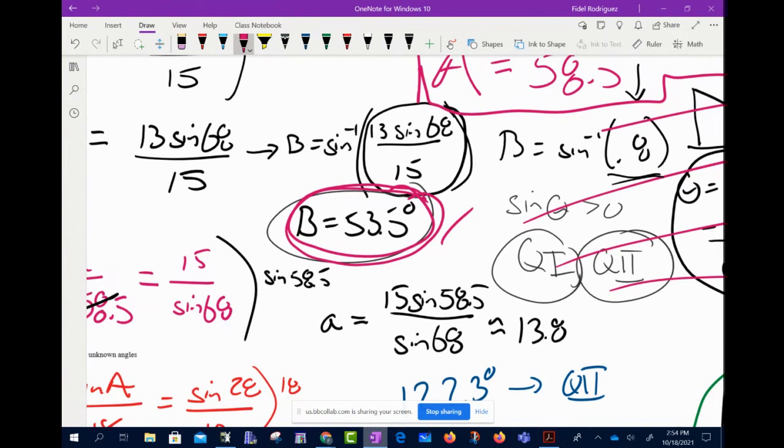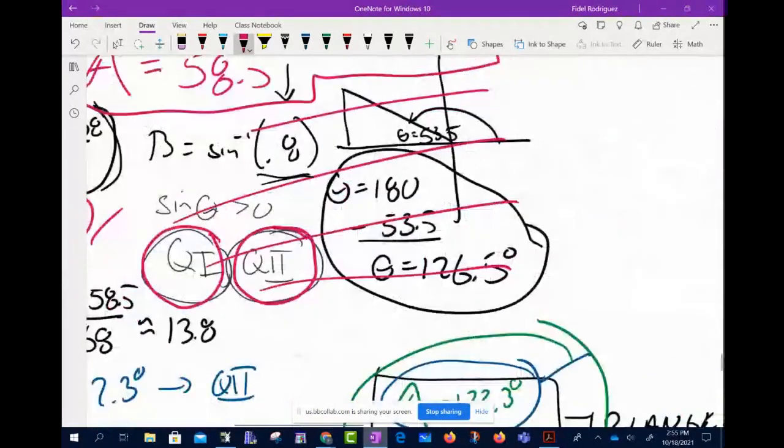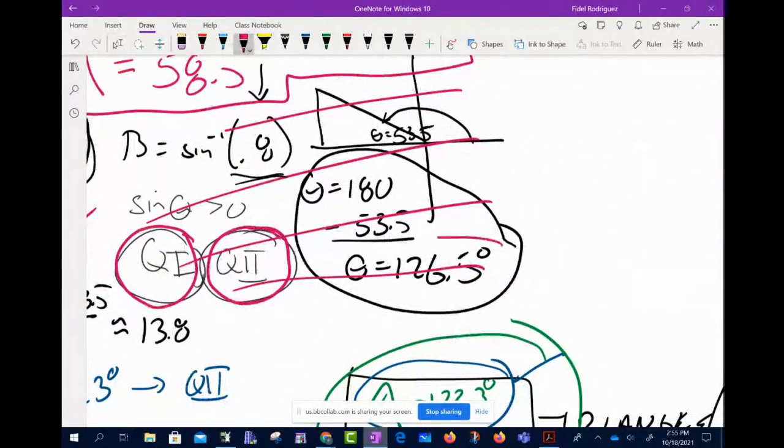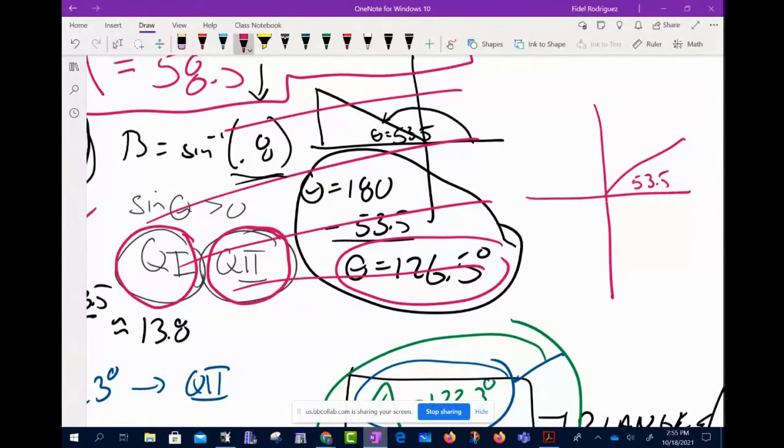But because we came up with an acute angle, that was telling me that angle is in quadrant 1. Is it possible for me to have an angle in quadrant 2? So I'm going to draw a picture again. The original angle we had was 53.5, so this angle is 53.5.